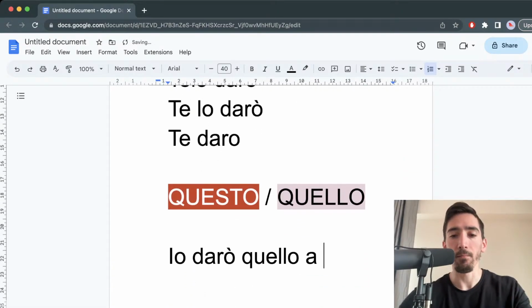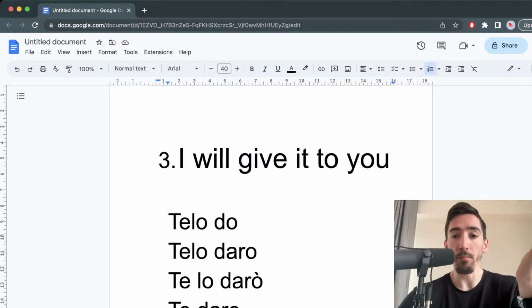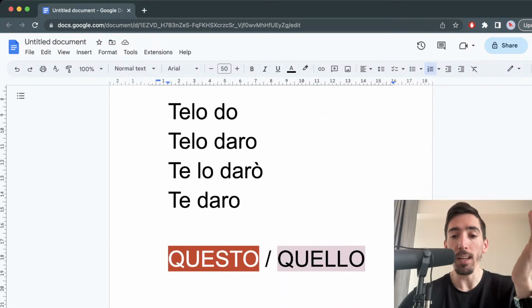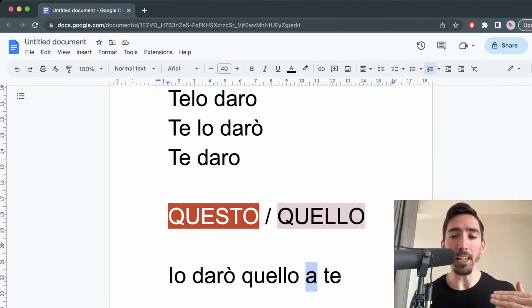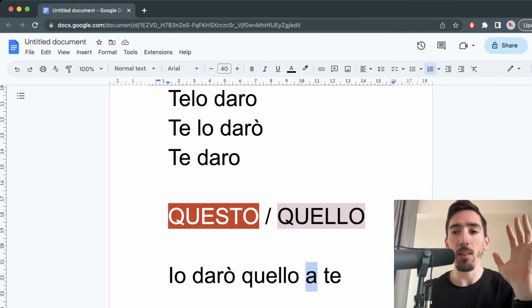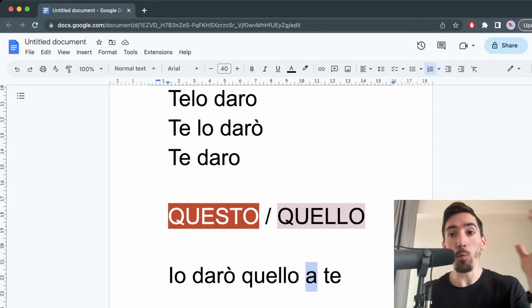A te. Why is it a te? Because to, the preposition to, is a. Simple prepositions. Di, a, da, in, con, su, per, tra, fra. Now, there are very few things that I learned in school that were useful. This is one of them. So sometimes you have to learn something off by heart.